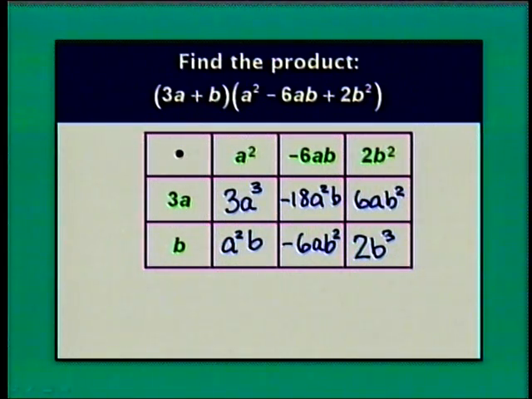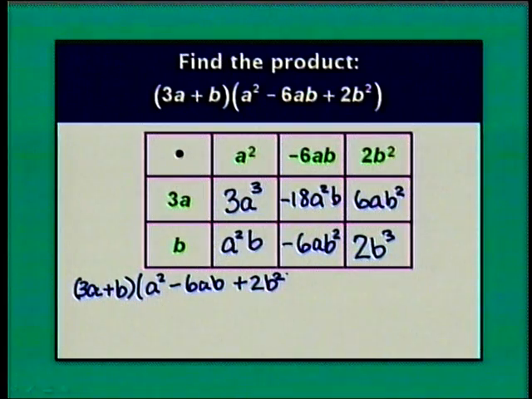So now I need to look for like terms to combine. So when I'm multiplying 3a plus b by the quantity a squared minus 6ab plus 2b squared, well, starting with my 3a cubed, looking through the table, that doesn't have any like terms.